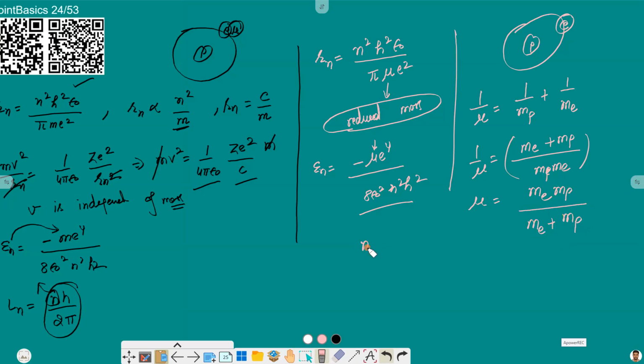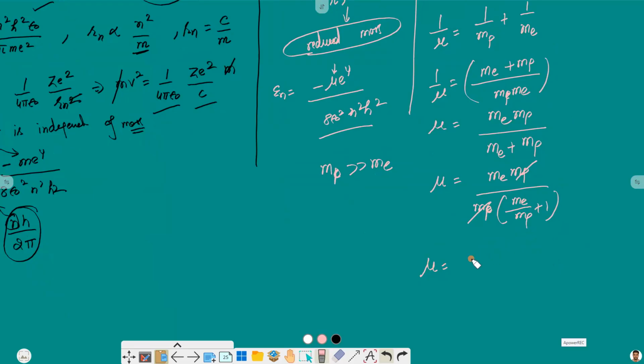Now we know that the mass of proton is very large compared to the mass of electron. So I can write it like this: MEMP divided by MP common, ME by MP plus 1. This MP gets cancelled.